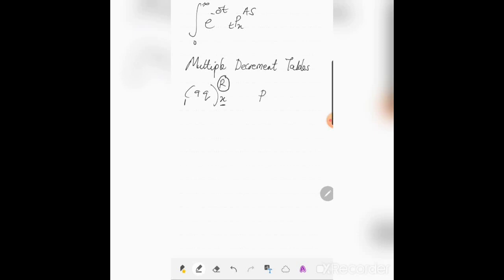Even if the other decrements are also present, meaning even if death is present, this is the probability that he will exit the population because of retirement.